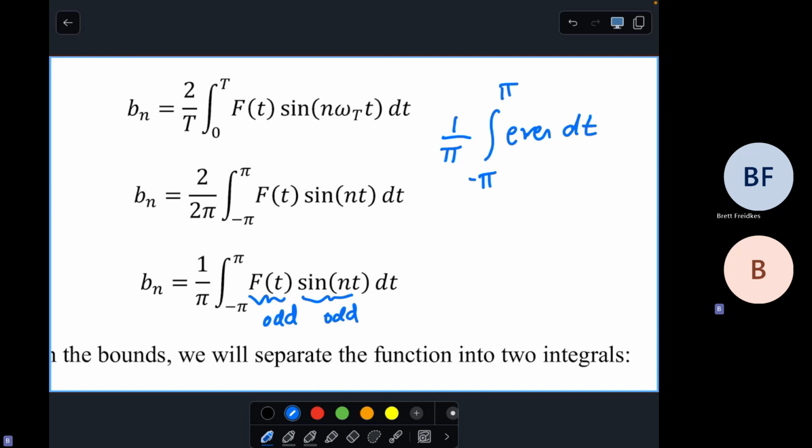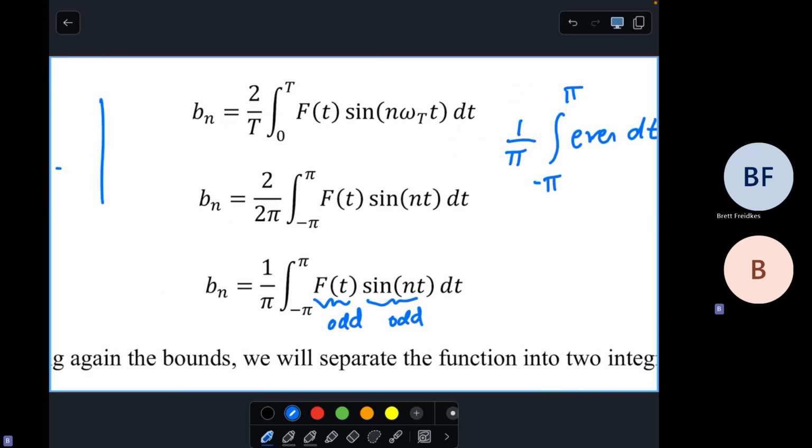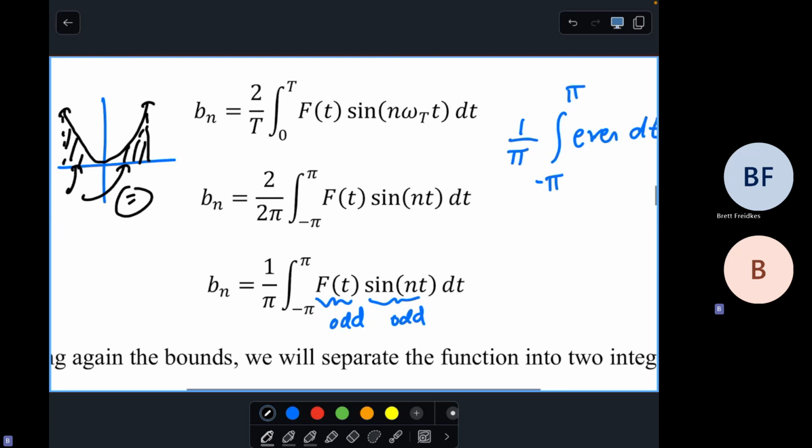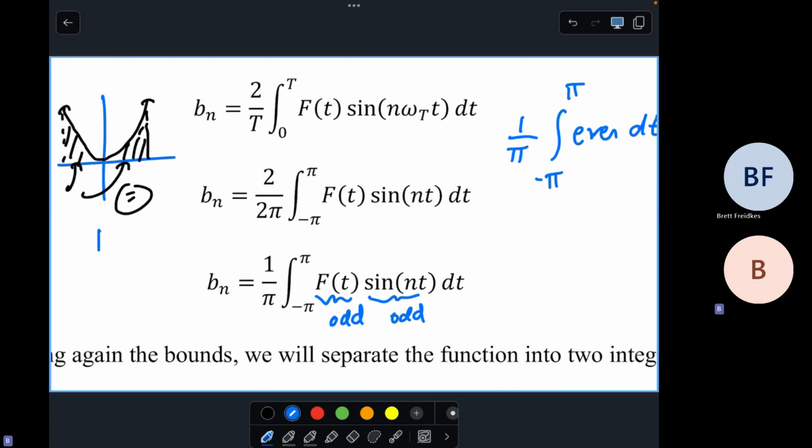Yeah, if you think about a graph that's even, let's say I give you the quadratic again, this is even. This area and that area are equal to each other because it's even. So what I can do instead is just integrate from 0 to pi and double it.